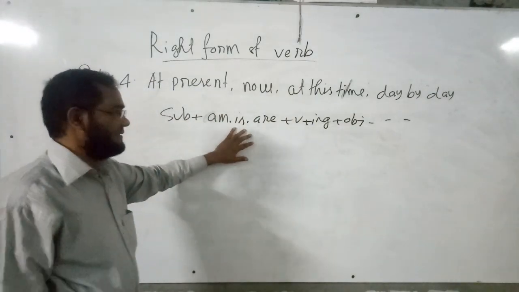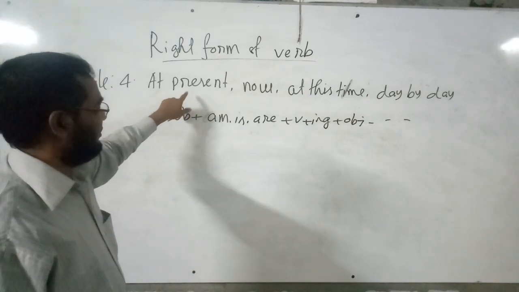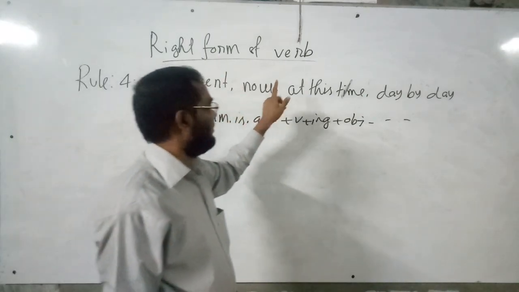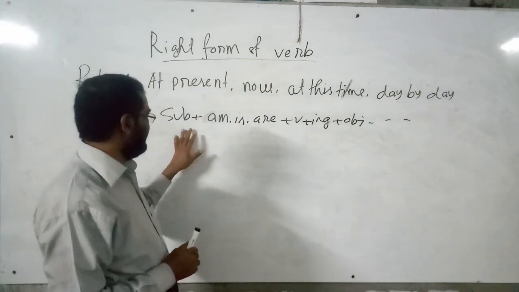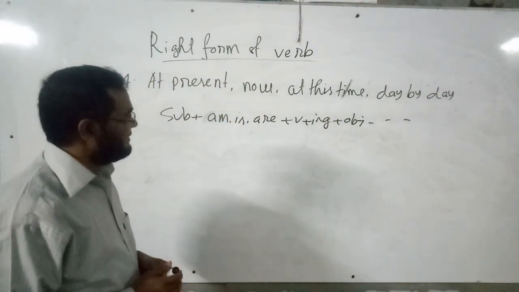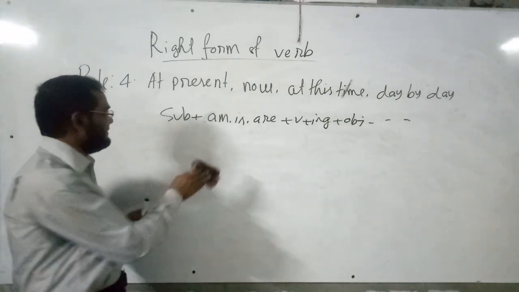This is the structure of present continuous tense. Whenever you find the words at present, now, at this time, day by day in a sentence, you will make the verb present continuous tense. Here, the example is.